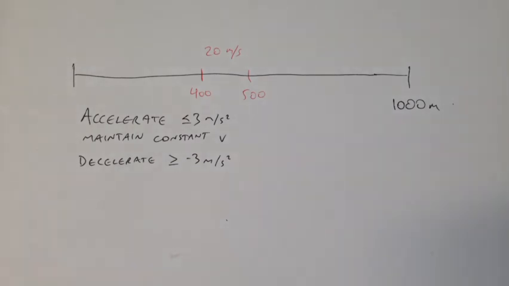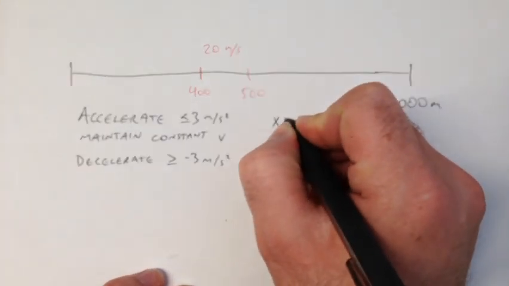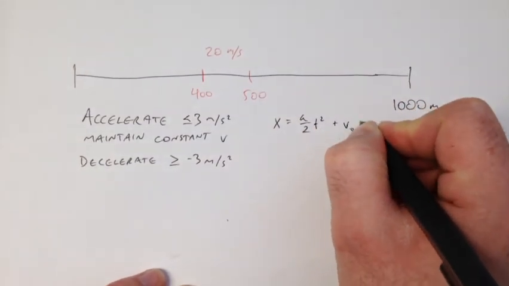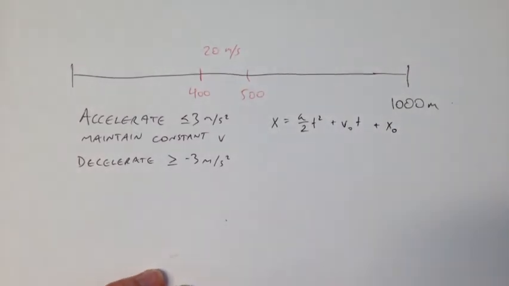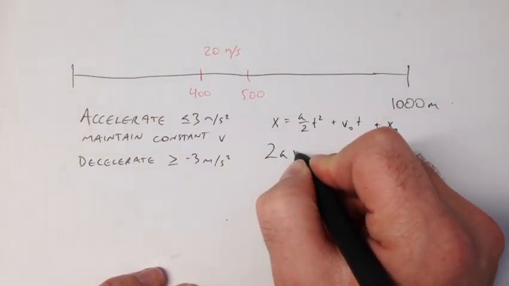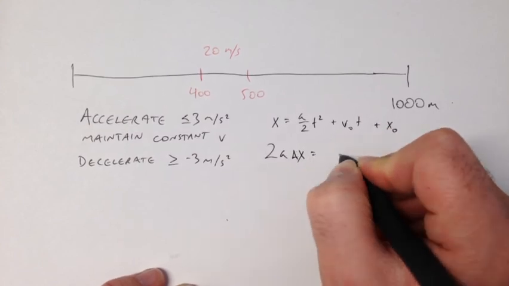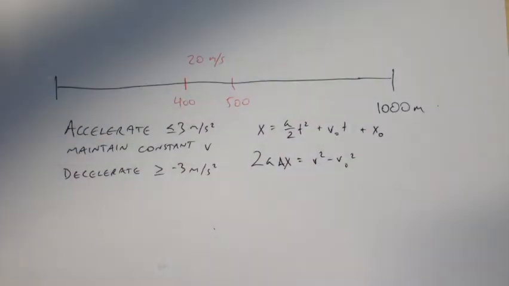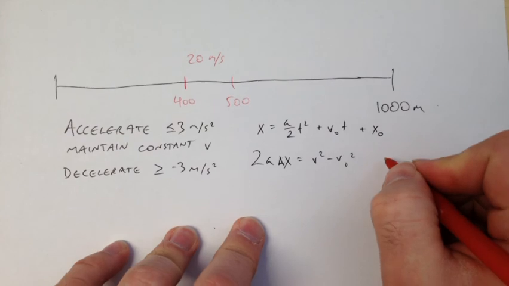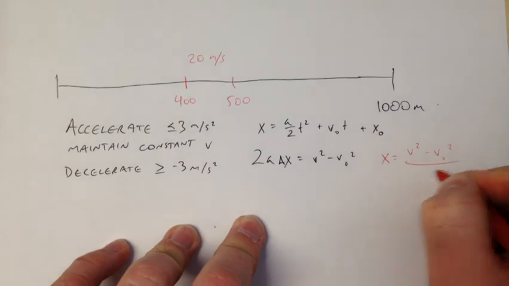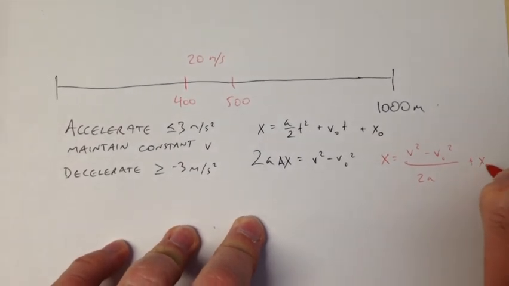We're going to be just using all the equations, that distance is equal to half the acceleration times time squared plus an initial velocity times time plus some initial position. We've also got this one, which is 2a, and then I think it was delta x equals v squared minus v0 squared. In your notes, you might have it that it looks like this: x is equal to v squared minus v0 squared over 2a plus x here.